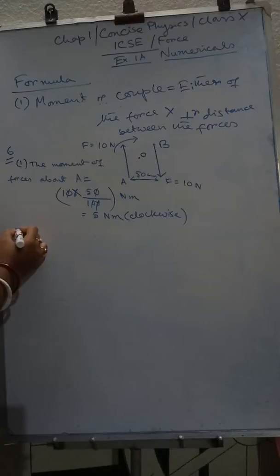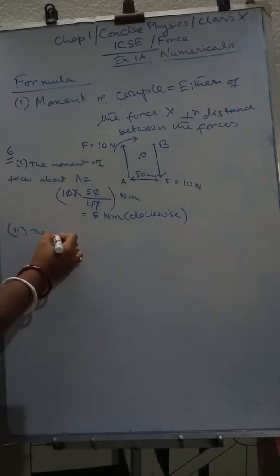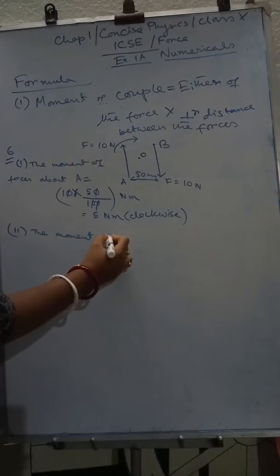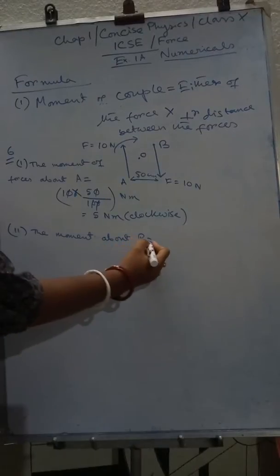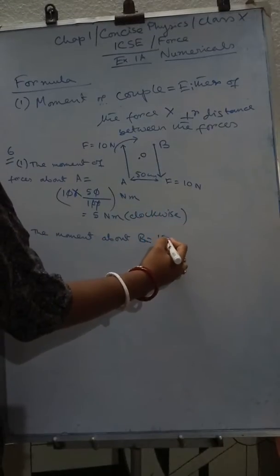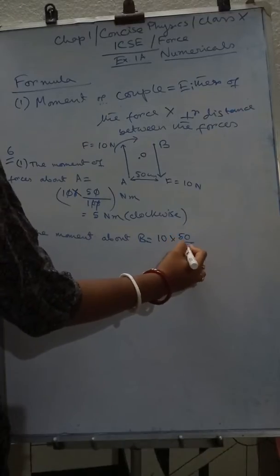Now number 2 solution. The moment about B. Here also the force is 10 Newton and the distance is 50 centimeter. That means 50 by 100 meter.